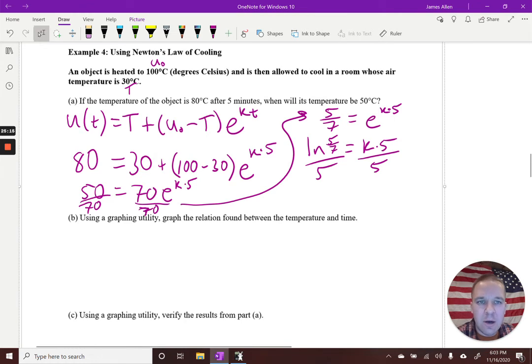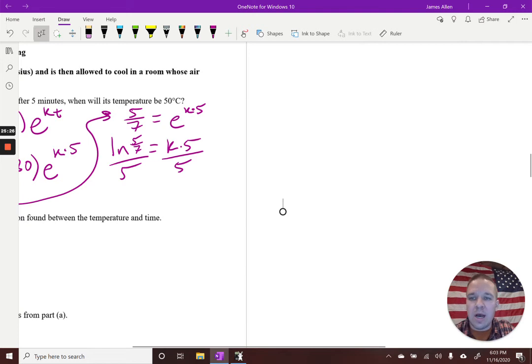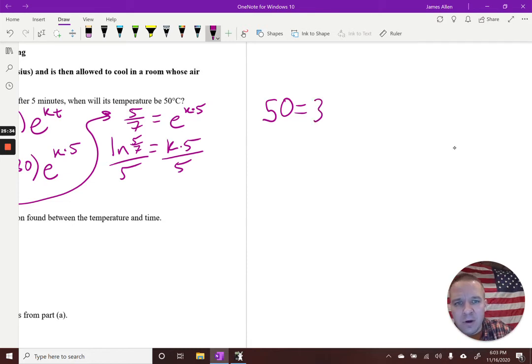Back to this. It wants to know when its temperature will be 50 degrees. I think I'm going to need a little more room, so I'm going to zip over here. When is it going to be 50 degrees? So it'll be 50 is equal to 30 plus, was it 70?